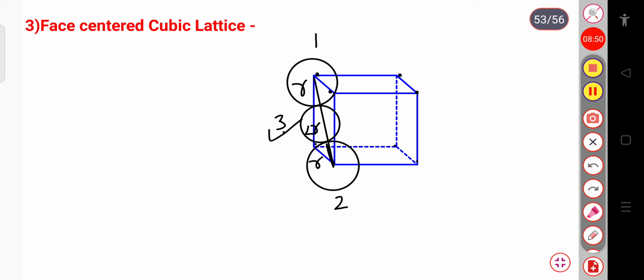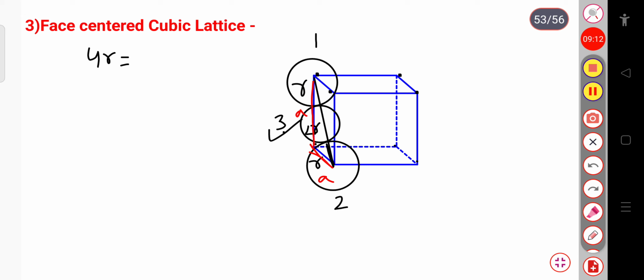So the total length will be 2r plus r plus r, so that will be 4r, and this is equal to the diagonal that I have to calculate. You know each side of the cube is the same, that is equal to a.